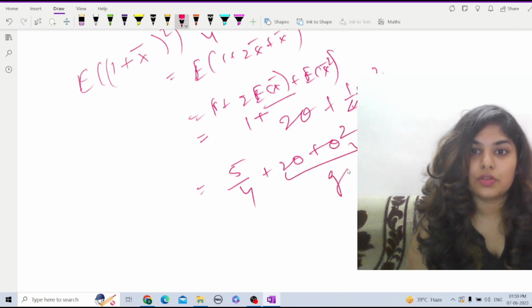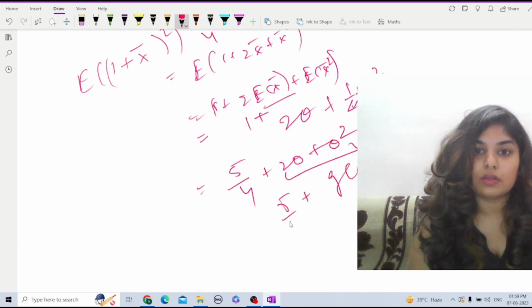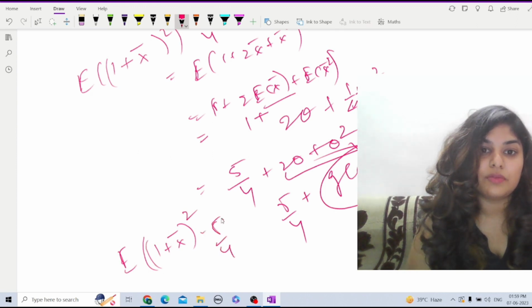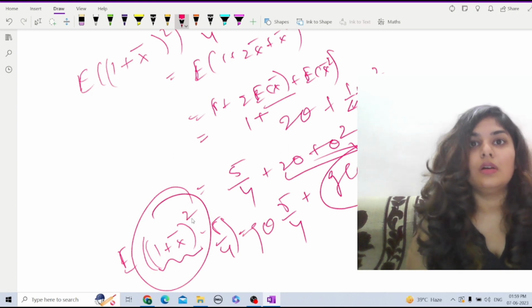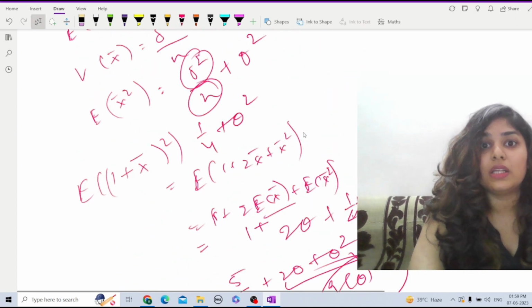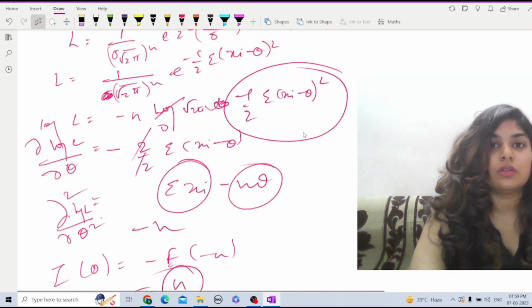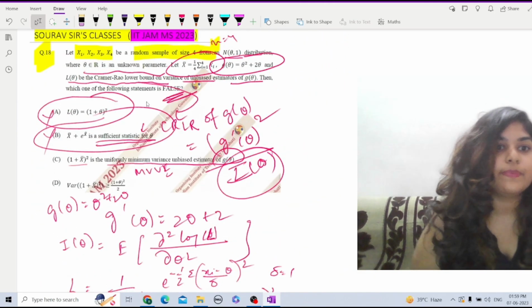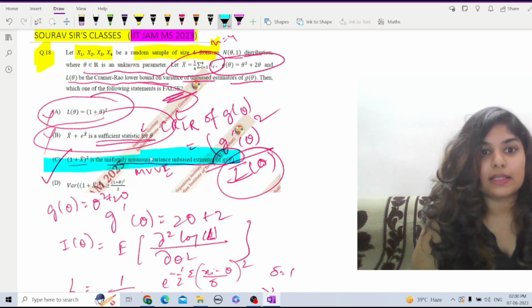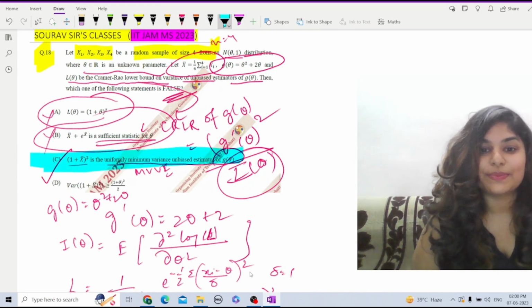Now this is our g(theta), but we have one extra term, that is 5 by 4. So for this to be unbiased, I need E of (1 plus x bar) whole square minus 5 by 4 to be equal to g(theta). So only (1 plus x bar) square is not the unbiased estimator, but it is a biased estimator. So that means we have got our incorrect statement, and that is option number C. So our incorrect statement is the correct answer, which is option number C.